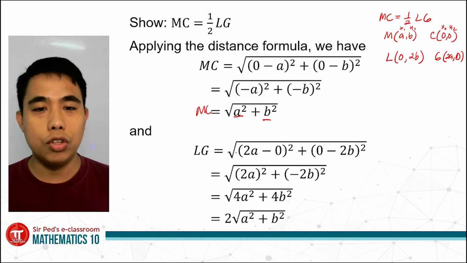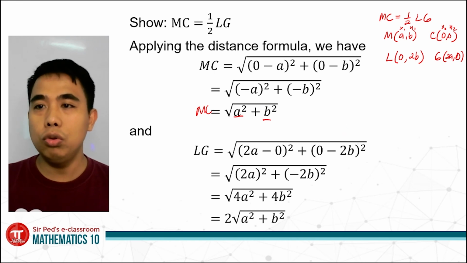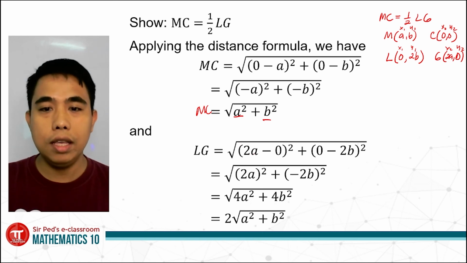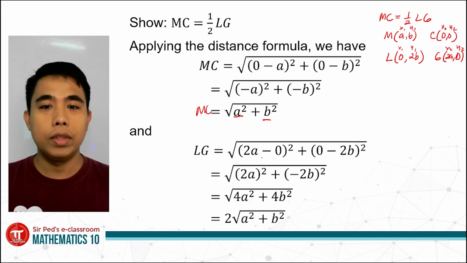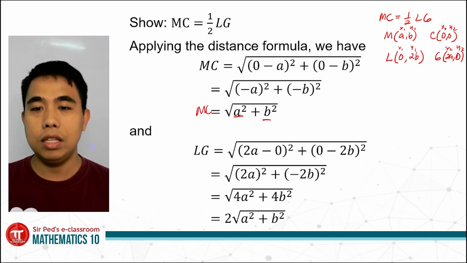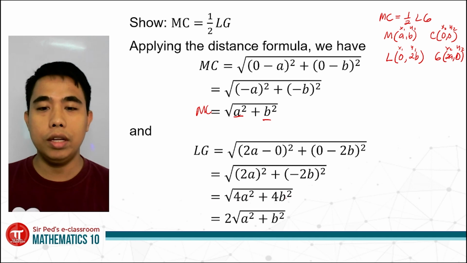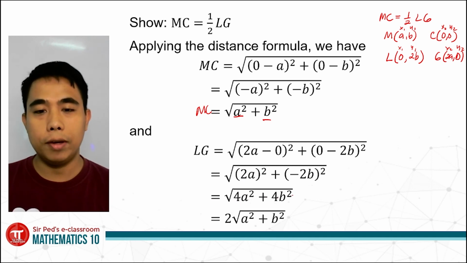Now let's proceed to LG. We apply also distance formula. So that is the square root of x of 2. This will be your x of 1, y of 1, x of 2, y of 2. X of 2 is 2a minus 0, the quantity squared, plus 0 minus 2b, the quantity squared. So 2a minus 0, the quantity squared, is equal to 2a, the quantity squared, plus negative 2b, the quantity squared, which is equal to the square root of 2 squared is 4, a squared, plus negative 2, the quantity squared, is 4, b squared.